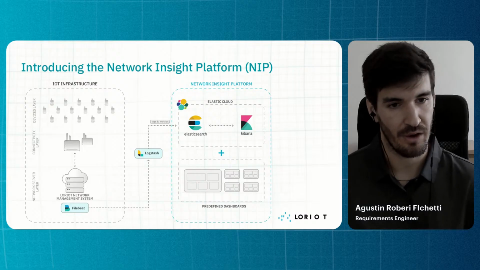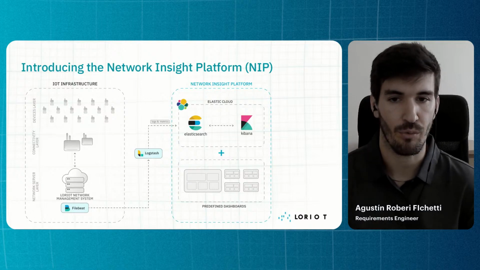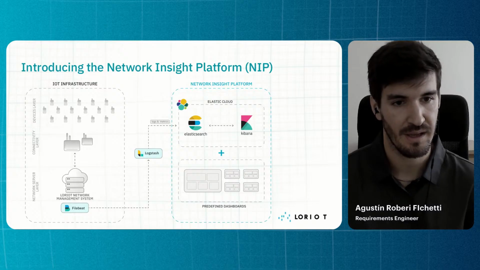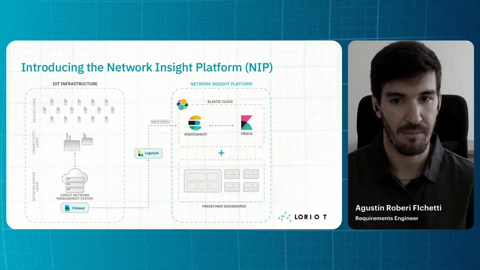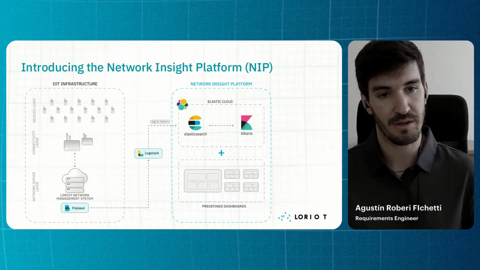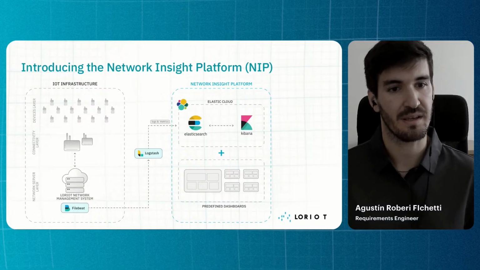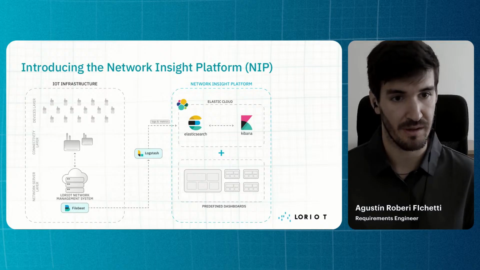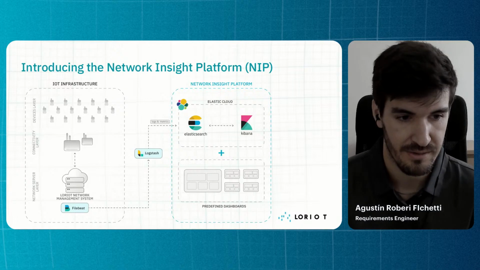Finally, when the logs have been refined and enriched, they are forwarded to the specific Elasticsearch instance, the Elastic Cloud instance, which has two main services running. One is Elasticsearch, which is in charge of querying the data, indexing, and interacting with the enriched data stored in the instance.